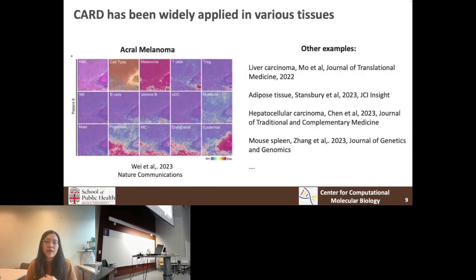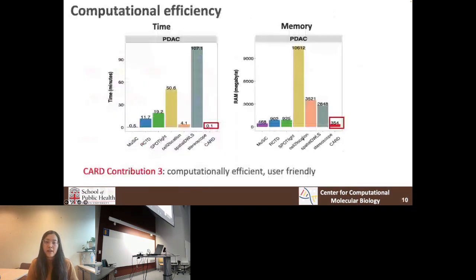In addition to heart tissue and whole organs, CART has also been widely applied in various cancer tissues. For example, it was applied in melanoma, published in a study in Nature Communications, and there are other examples. Finally, CART is also computationally fast and memory efficient. Compared with all the other methods, it only takes about 6 to 10 seconds to finish the PDAC tissue, and only requires 300 megabytes.